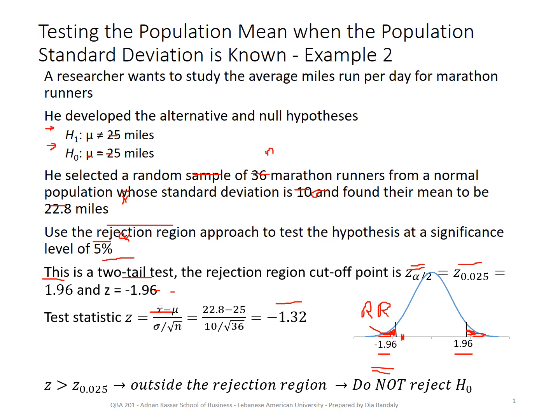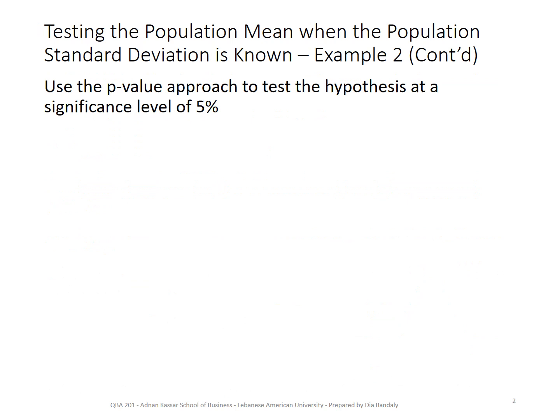In the next slide, we're going to use the p-value approach. So we are asked here to use the p-value approach to test our hypothesis. Also, we are looking for a significance level of 5%. By the way, to find the p-value itself, you don't need to know the significance level.